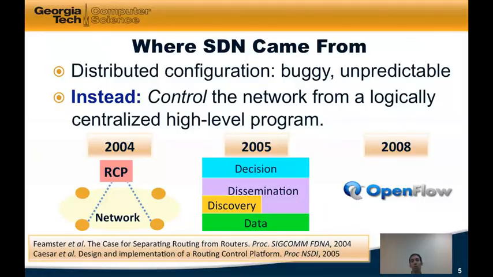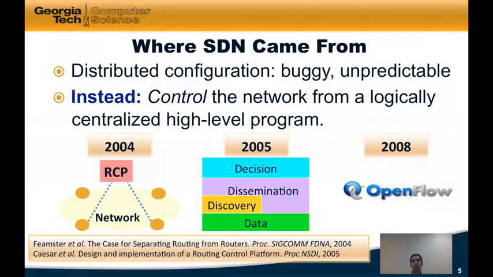What we would do is take configuration and analyze it and try to infer the behavior of the network from those lower level configuration files. One example was to take BGP configuration, analyze it, and try to figure out what the interdomain routes would be based on that configuration.